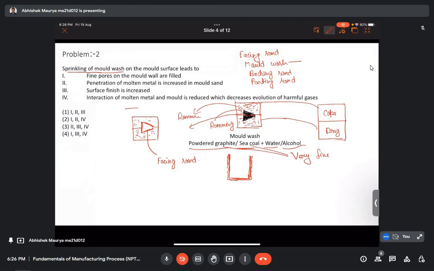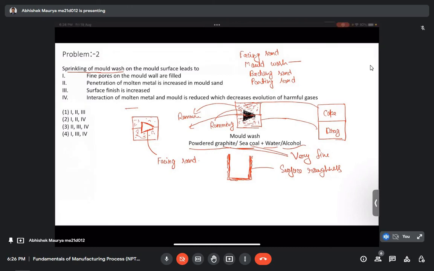So there are two functions of the mold wash. First is to improve the surface roughness. Basically, they fill all the pores which are present on the mold walls. Since they are very fine, they fill all the pores.